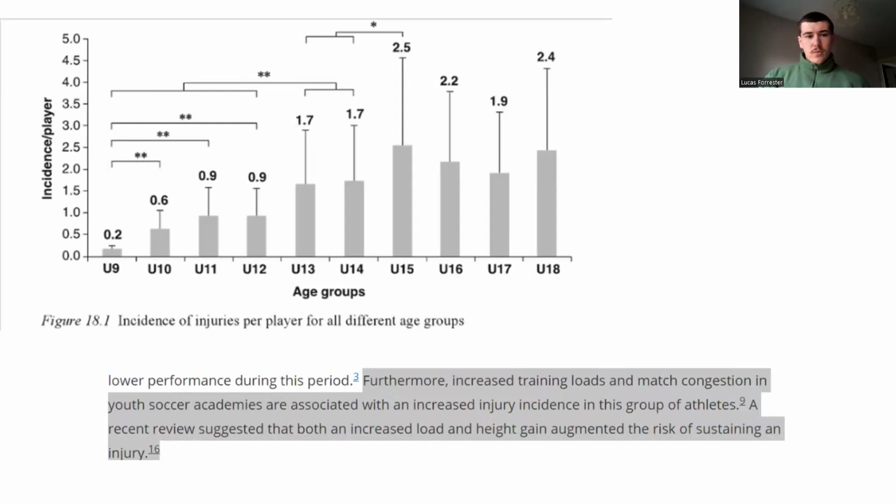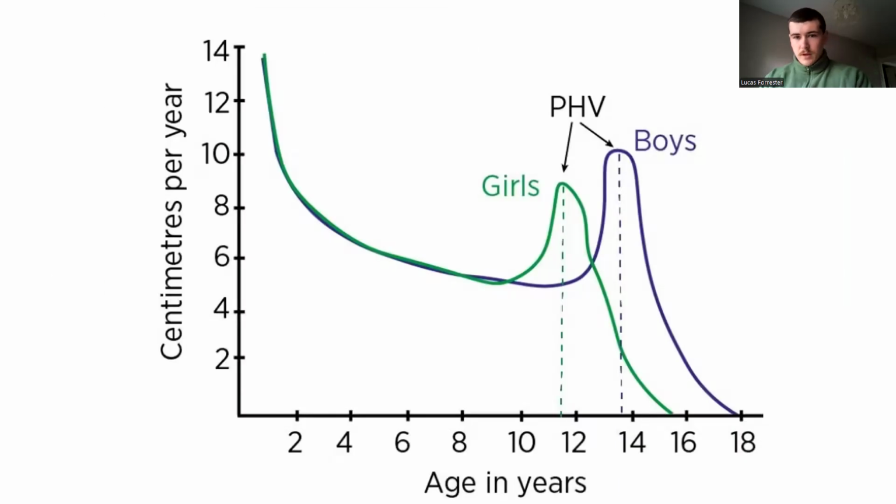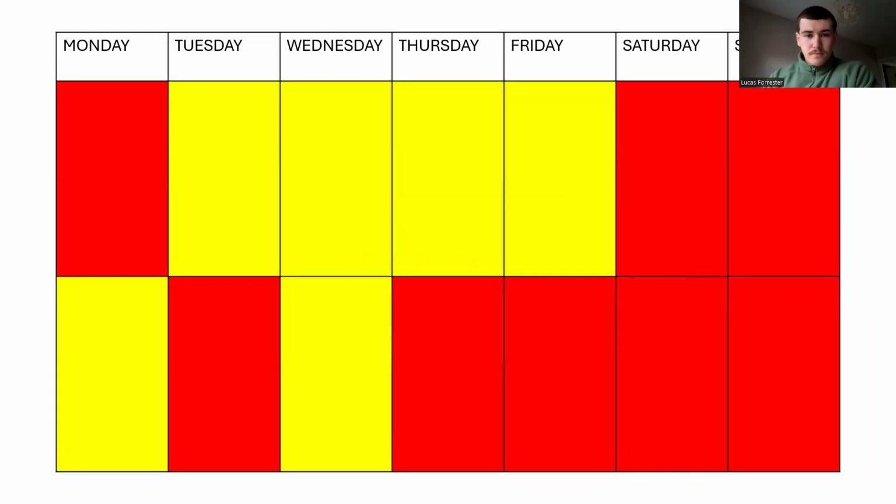This was a study done by some Dutch researchers looking at the incidence of injuries across a football academy. If I go back to this peak height velocity graph, the ages we're focusing on, roughly 10, 11 to 15, 16, is where there's going to be a significant increase in growth.